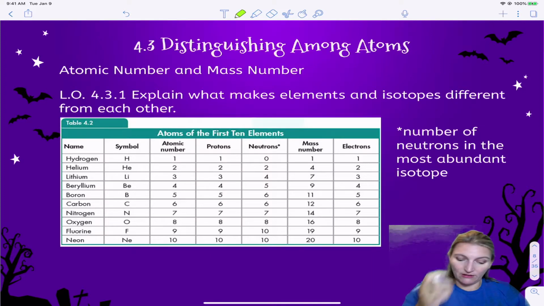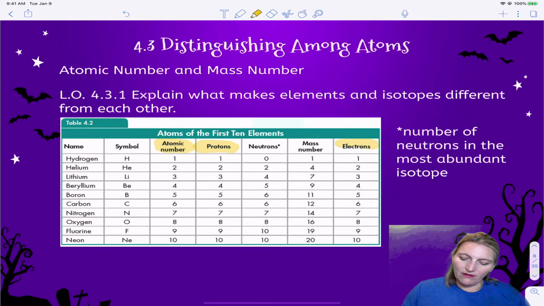You can see that it's the first 10 elements, and the headings are symbol, atomic number, protons, neutrons, mass number, and number of electrons. And see if you can find which of those are the same for each element. Okay, perhaps you've noticed that atomic number and the number of protons are always the same for a particular element.